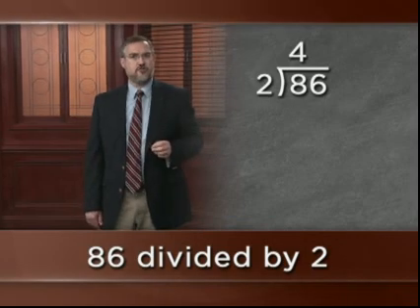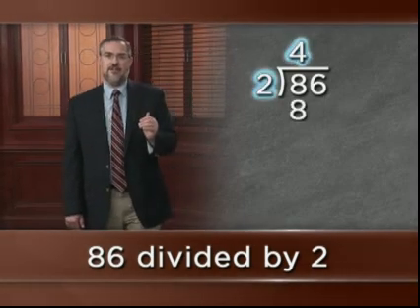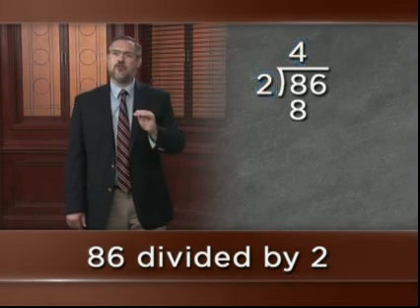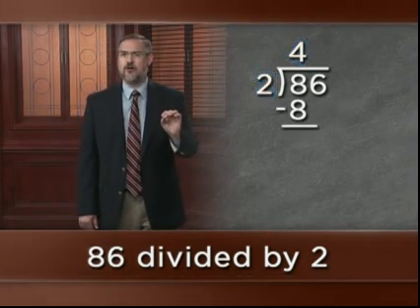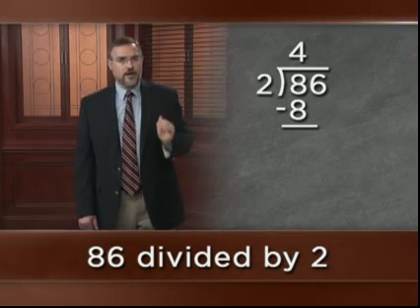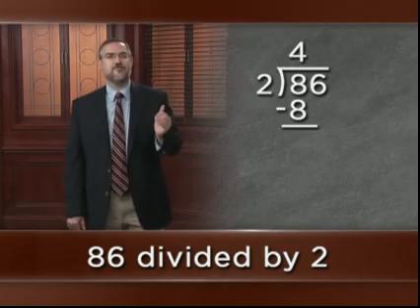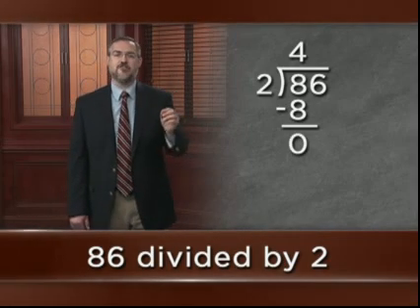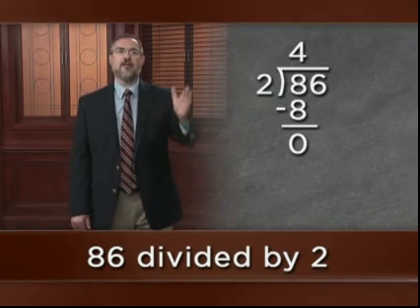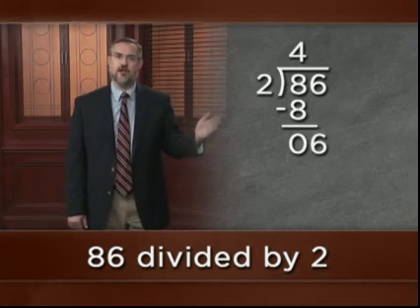By the way, the answer in all of these problems will always be what's written above that horizontal line segment. Now, since 2 times 4 equals 8, we write an 8 underneath the 8 in 86, and then we're going to subtract those two numbers, just the 8 minus the 8. When I subtract here, and it's always going to be subtraction there, that gives me 0. So I write down the 0 underneath there, and then I'm going to drop down the next digit that I see as I move left to right.